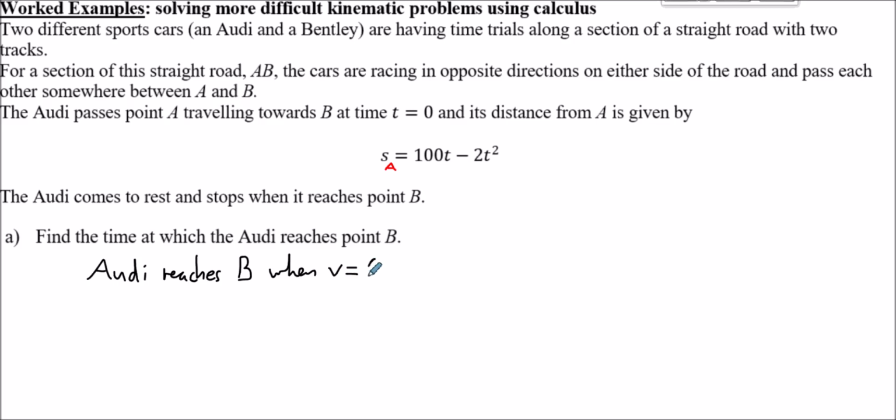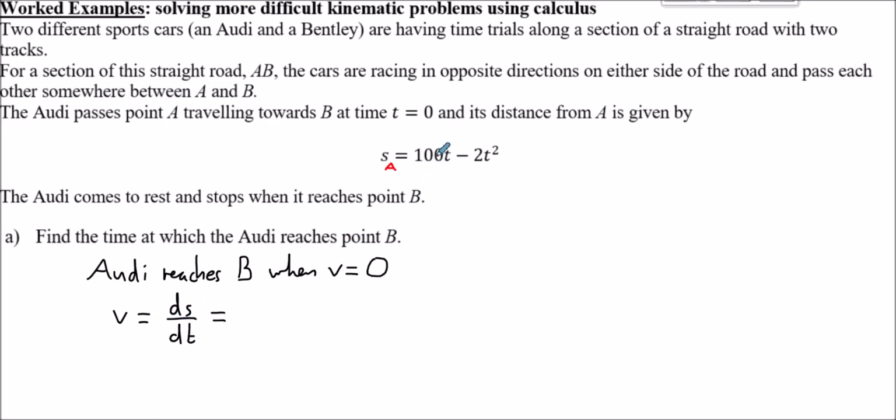But what does v mean? Well, v is ds by dt. The velocity is what we get when we differentiate s with respect to time. Velocity is the instantaneous change in displacement with respect to time. So v is ds by dt.